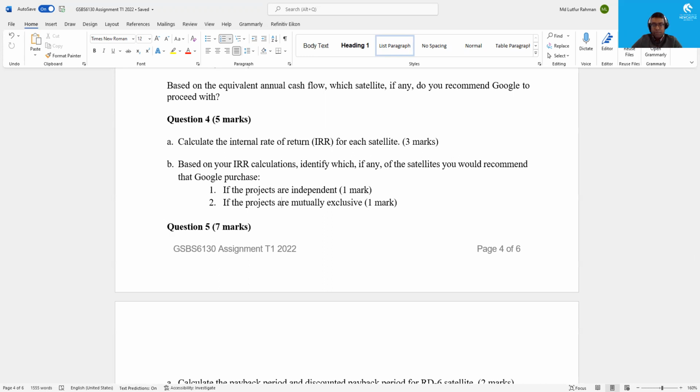Okay. For example, IRR for RD6 was 12.21% and IRR for MK8 was 11.25%. So both IRRs were higher than the cost of capital. The project should be accepted if they are independent, and RD6 has higher, so it should be accepted if they are mutually exclusive.